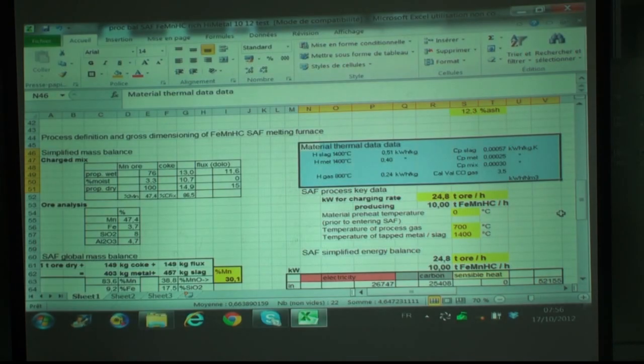You see what we give. This one is this point, for 1400 degrees. And to calculate this, we give not 10 values.